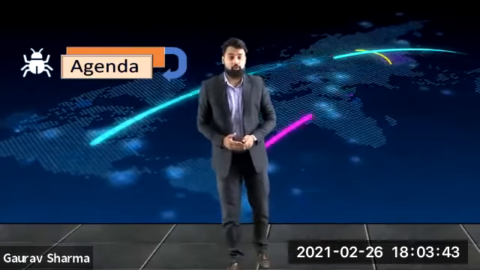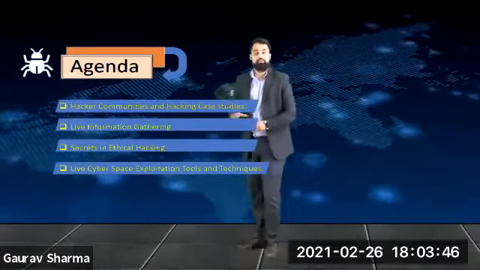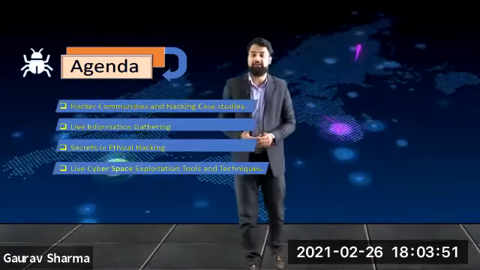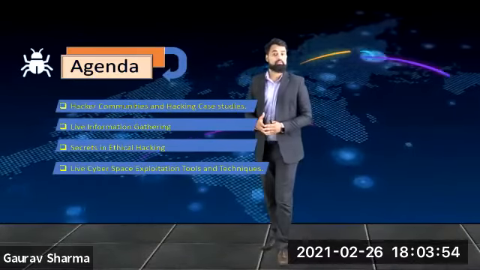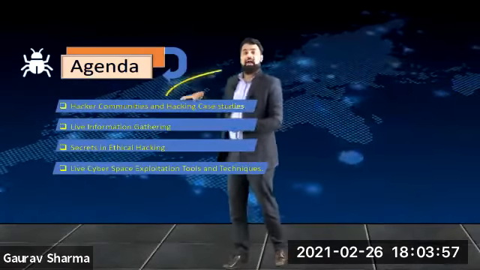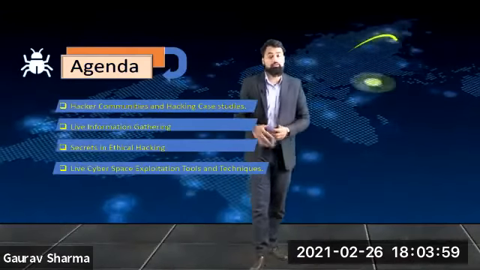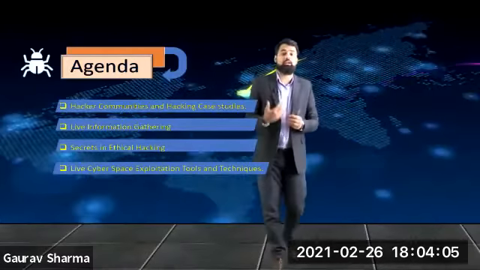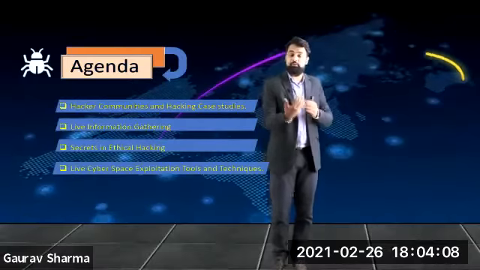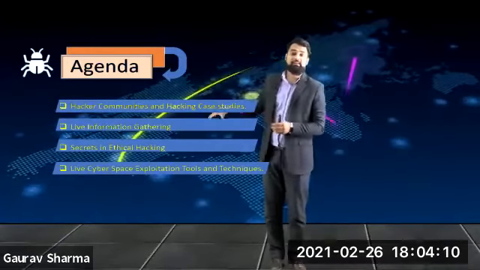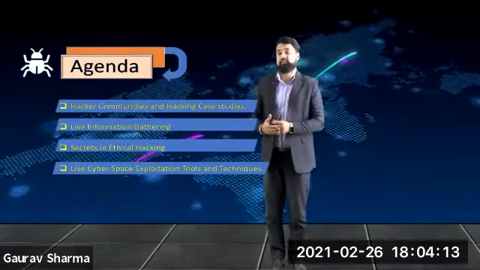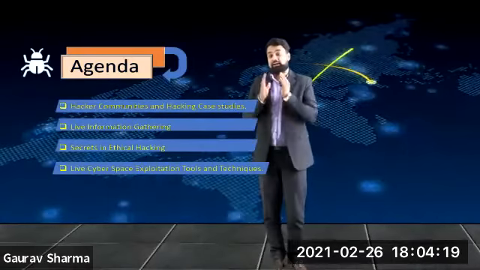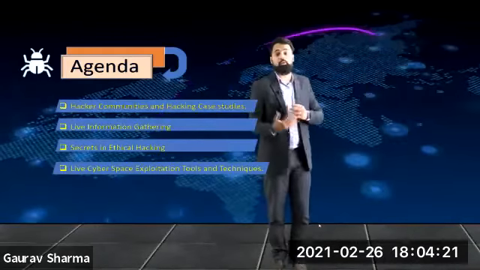Next, as you can see over here, we have hacker communities. We will talk about hacker communities and hacking case studies. After that, we will talk about live information gathering: how can you do live information gathering? After information gathering, we will talk about the secrets in ethical hacking. There are a number of secrets, and as you already know, there are a number of anonymity aspects in the hacking world.